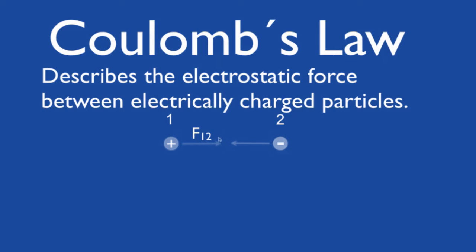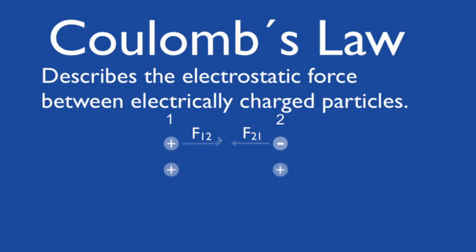We could say F21, the force from particle 2 on particle 1, but usually in most textbooks it is F12 for the force on 1 from 2, and then the other one is F21, the force on 2 from 1. That is how we show it graphically when doing a problem and making our sketch.